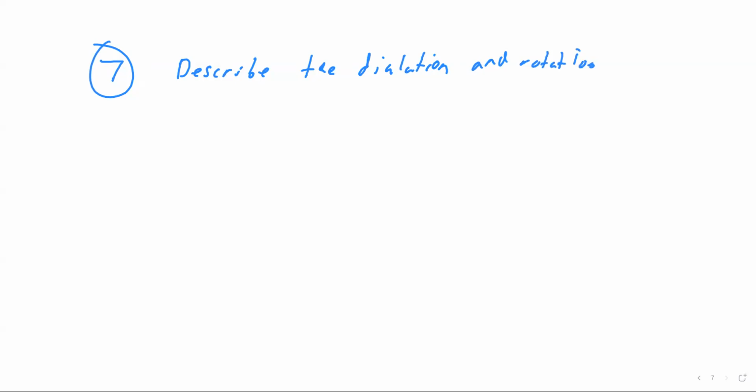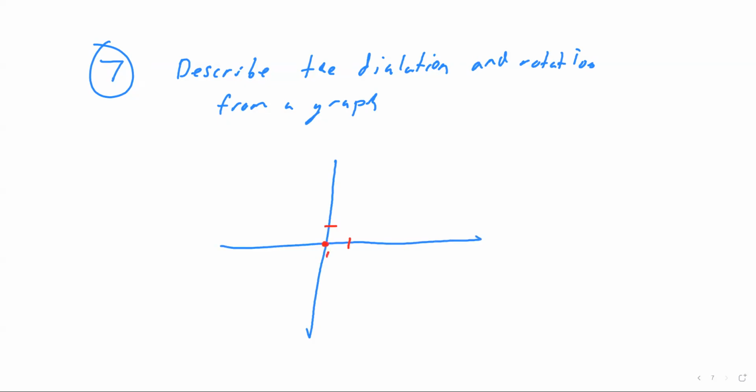All right. So again, be able to describe the dilation and rotation from a graph. This graph's going to look slightly different. It's still going to be your basic square. So there's your A, there's your B, here's your C, and here's your D. Now there's your A, B, C, D. The correlation to this is going to be something, not this exact thing.